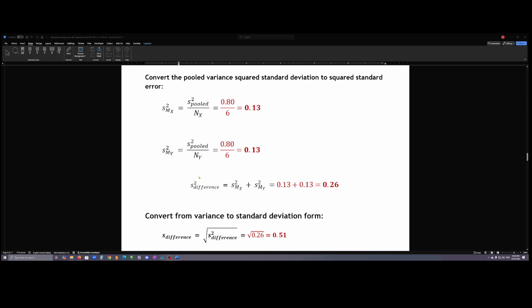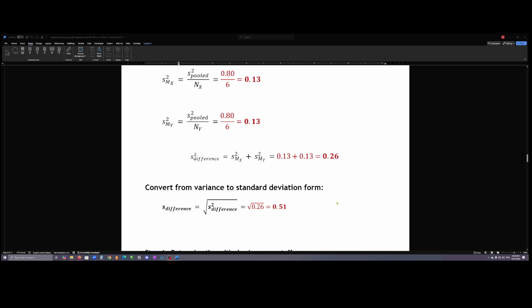Now, this is still squared, so we need to convert it into an actual standard error form. So we take that squared version up here, this 0.26, and we take the square root, and this allows us to turn this back into a standard error essentially for the estimate.